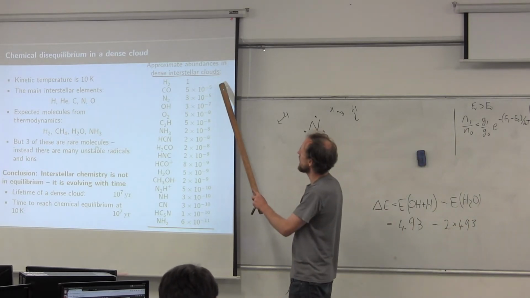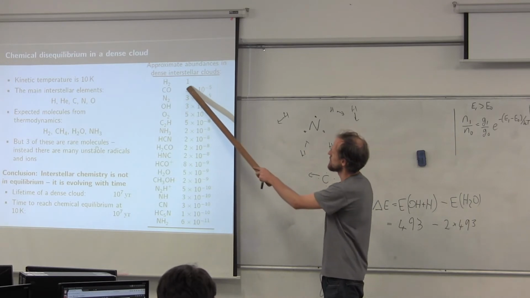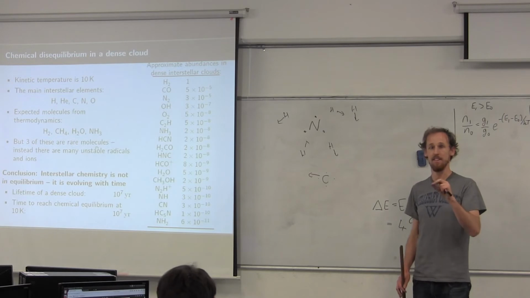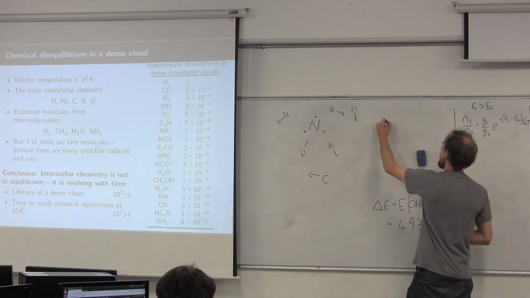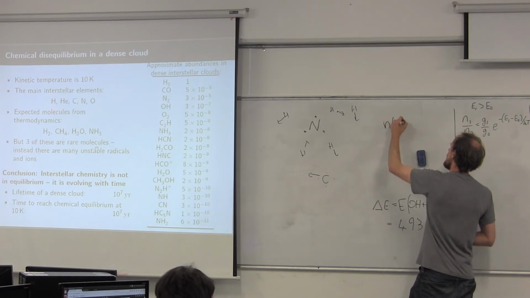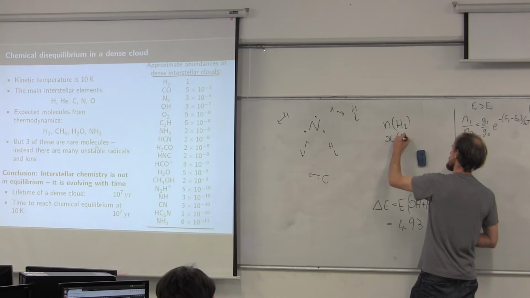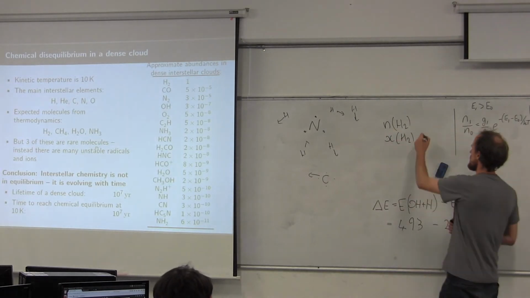Anyway, if you look at enough clouds, this is what you measure on average. We measure 1 for H2 because that's our standard for density of 1. We're measuring not the density of things, but the relative abundance of things, the relative density. So that's going to be the density divided by the hydrogen density.